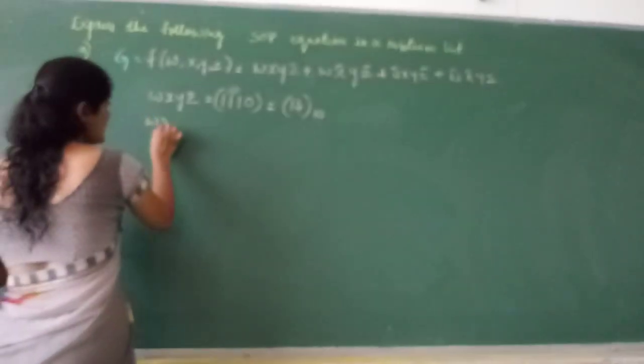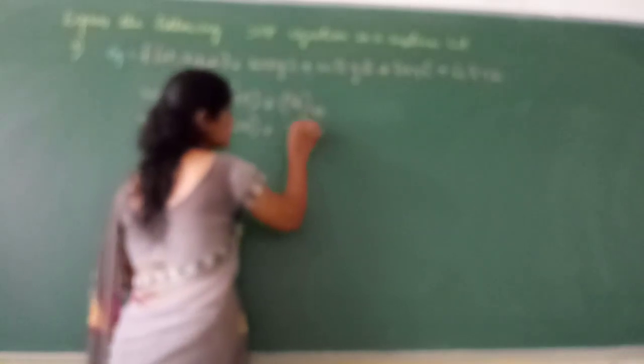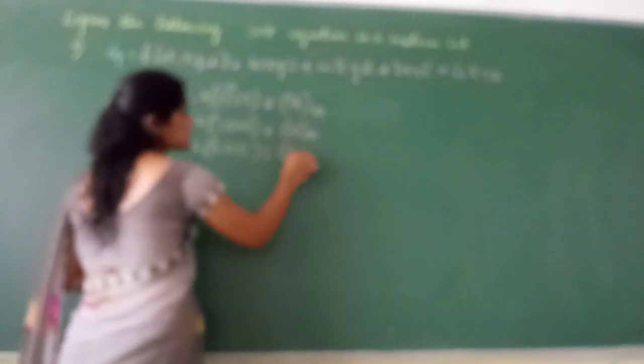Similarly, w x bar y z bar is equal to 1010, which corresponds to decimal number 10. Similarly, w bar x y z bar is equal to 0110, which corresponds to decimal number 6.